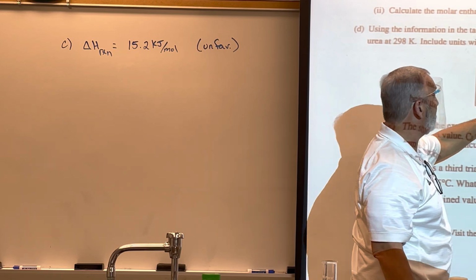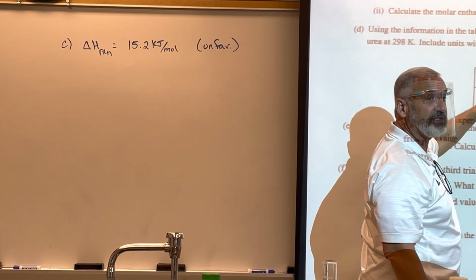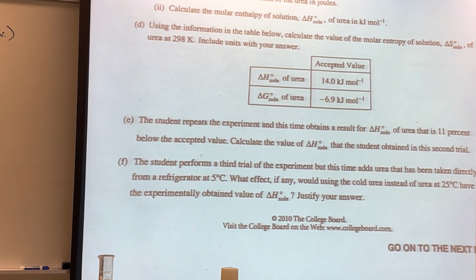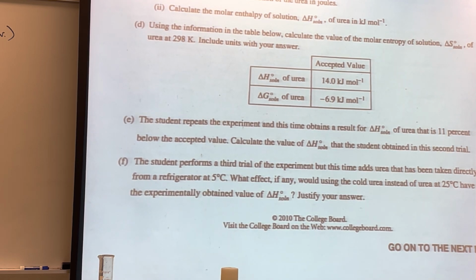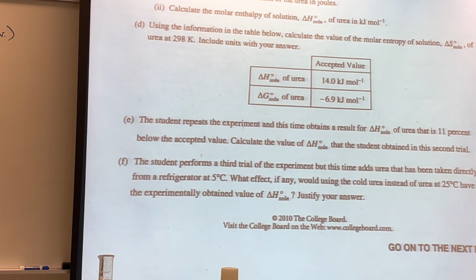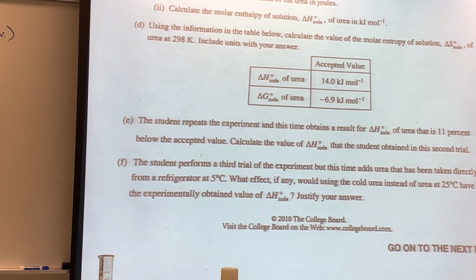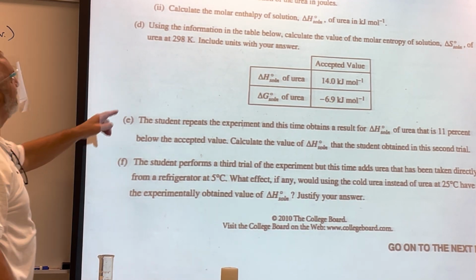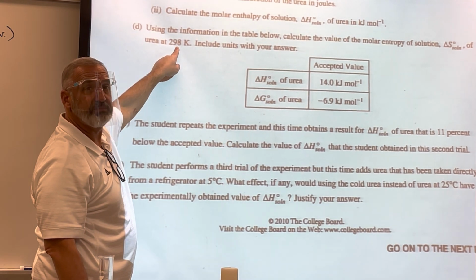So they give you the value of delta G, they give you delta H. So obviously what equation are we going to use? Delta G is equal to delta H minus T delta S. Okay? What are we solving for? Delta S. Okay? And notice they say at 298, so they tell us the temperature.